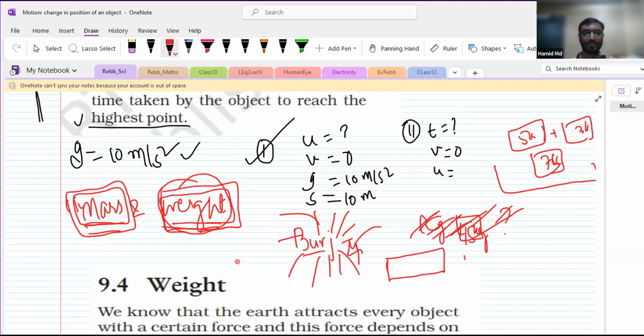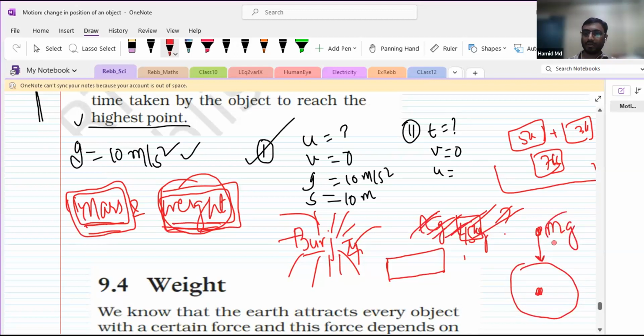Okay. So it is still not clear what is weight or mass. So let me give you another question. Weight is the force of attraction by Earth. This is the Earth's center, and this is a body of mass m, and Earth attracts it with a force m into g.